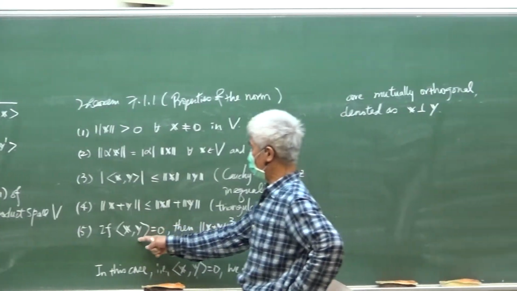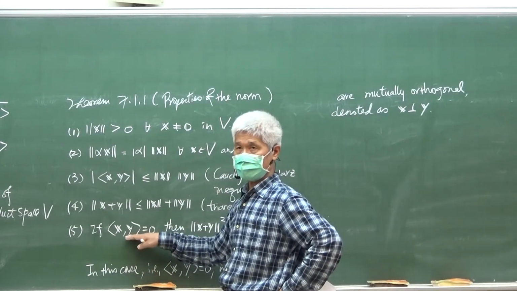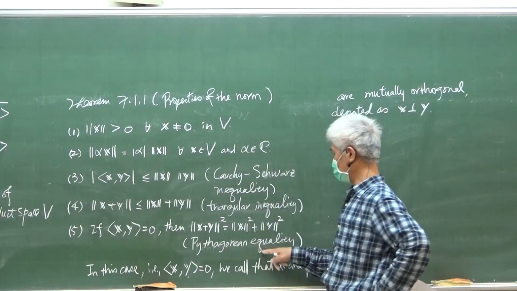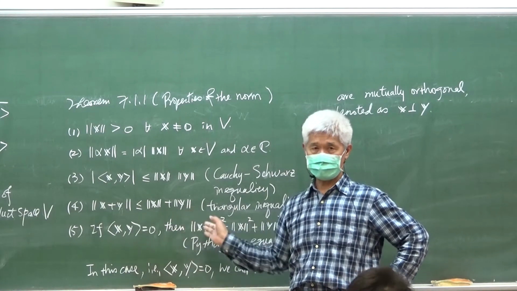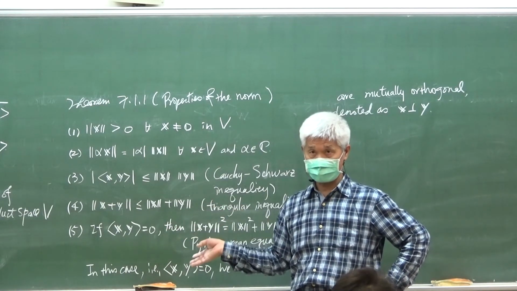So if x and y are orthogonal to each other, then we have the Pythagorean equality, but the reverse may not be true for the complex case.